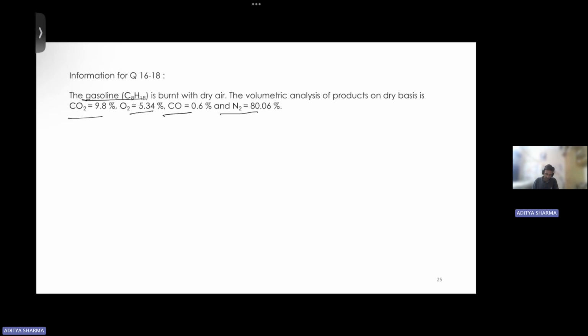Okay, so gasoline has been given to us, right? Then the products carbon dioxide, oxygen, carbon monoxide, and nitrogen are given. But for water, nothing has been given, right?